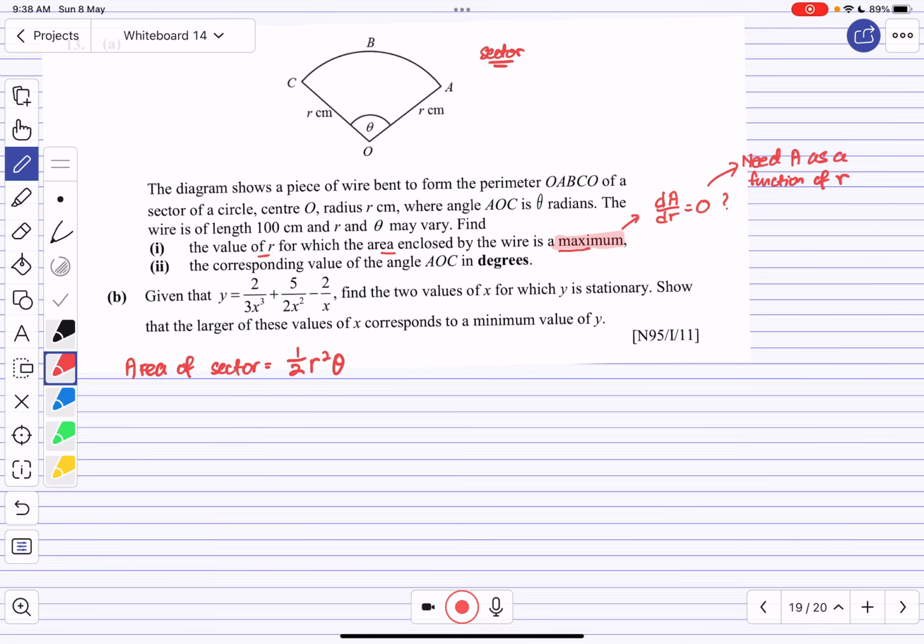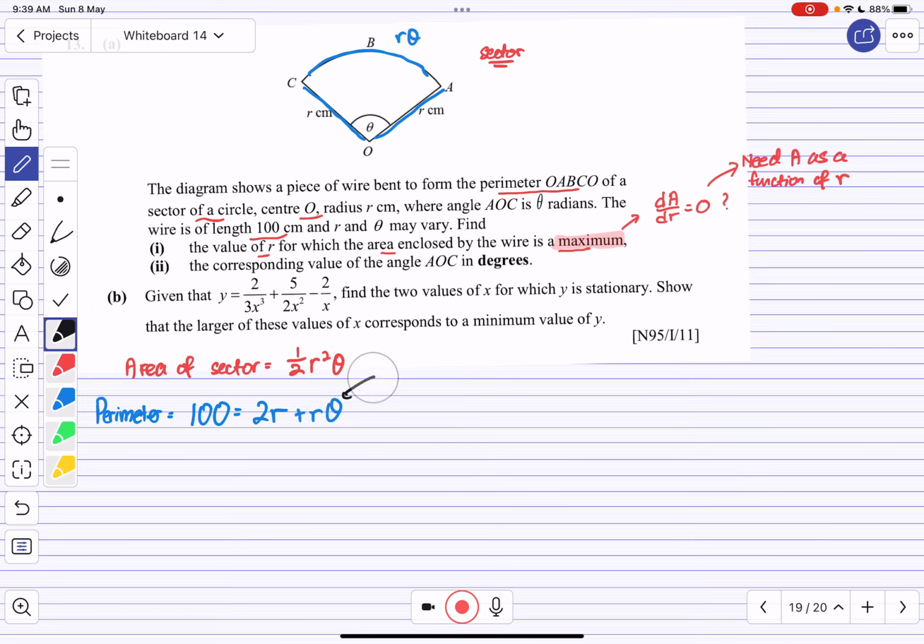We need to look to the question to see what information allows us to sub away this theta. The question tells you that the perimeter of the sector is 100 cm. So that is telling you that the perimeter, which is 100, is the same as 2R, because you have 1R, 2R, and then R theta, because we are talking about arc length.